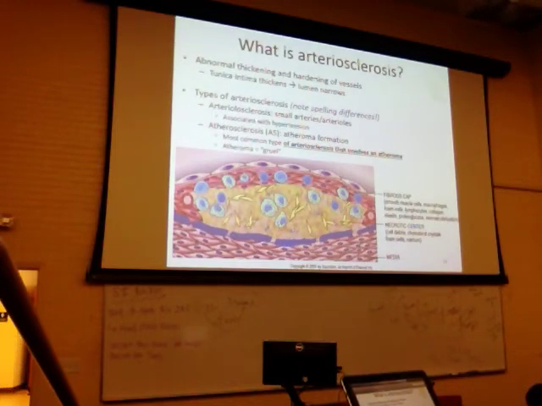Now, the first one, arteriolosclerosis, you see the extra LO in the middle here? Arteriolosclerosis, this one is commonly associated with hypertension, like what we've been talking about. And it targets really mostly the small arteries and arterioles. This is more of the silent one.